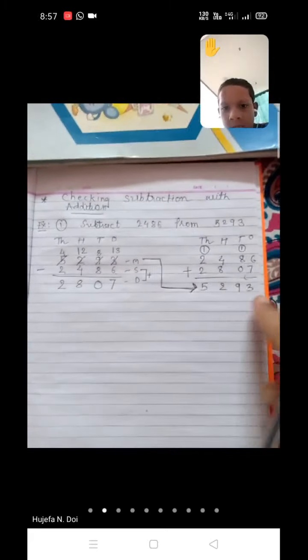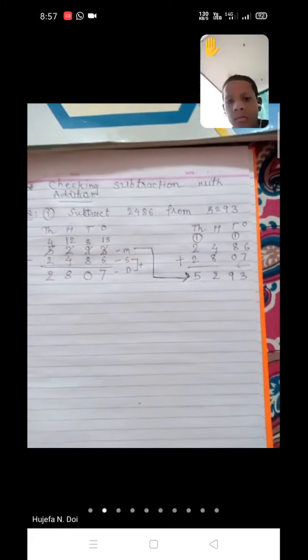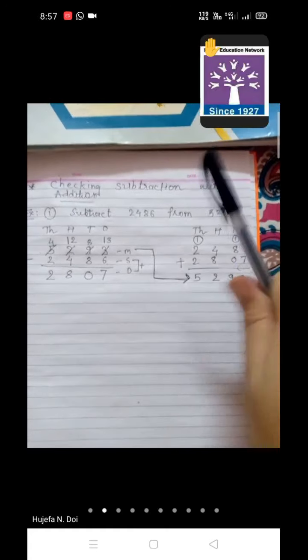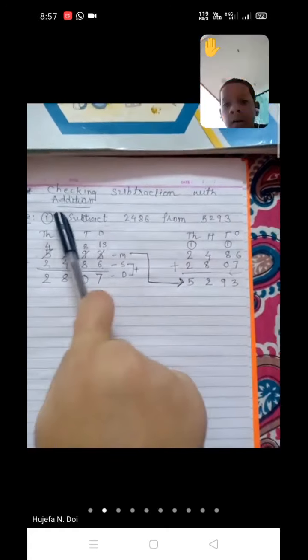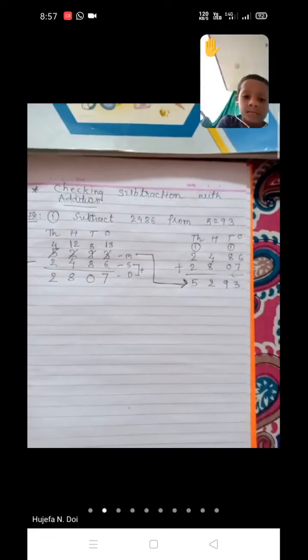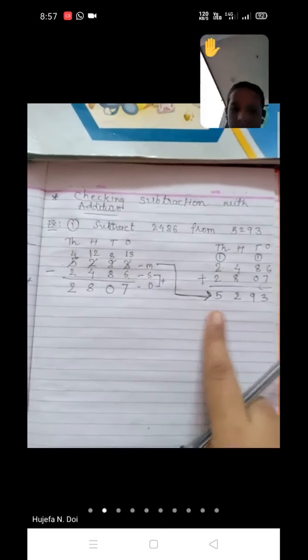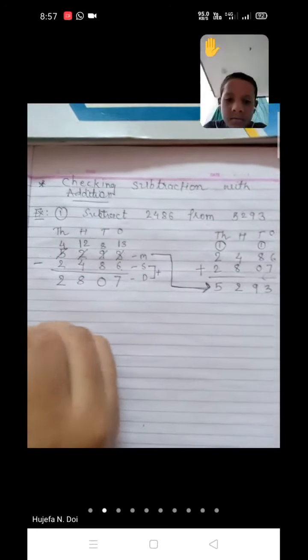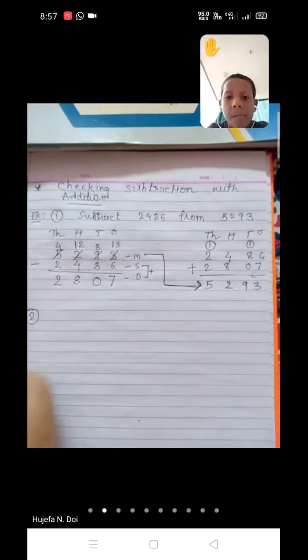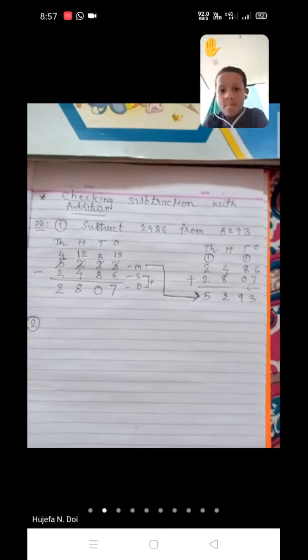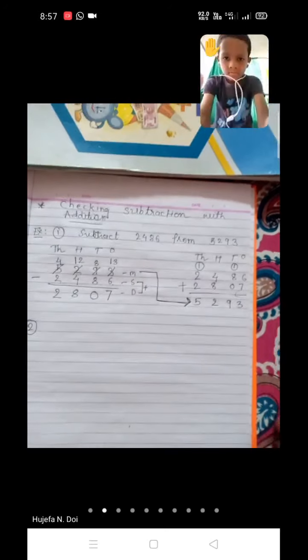So I request everyone, please write down in this notebook. Write down the heading checking subtraction with addition and write down this example. Write down this example in the notebook.